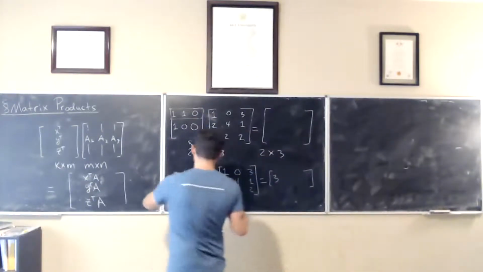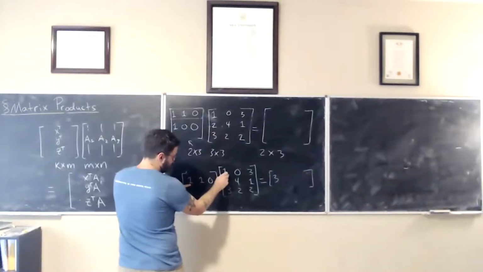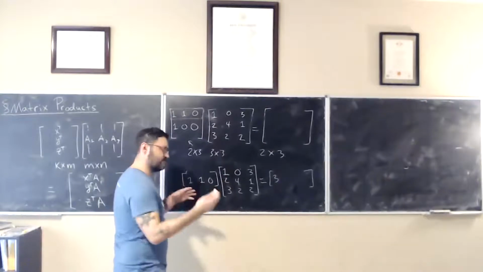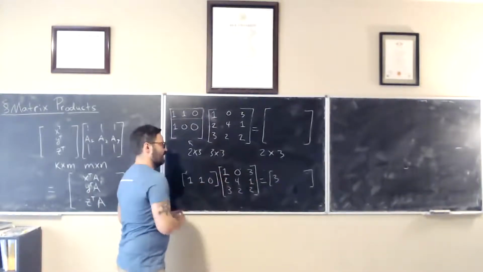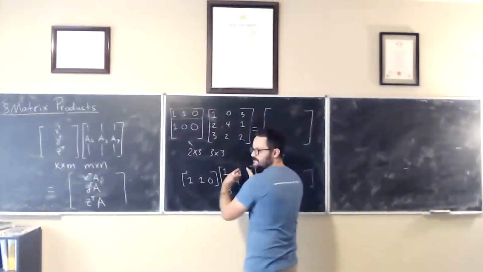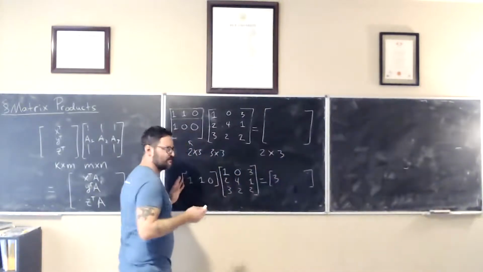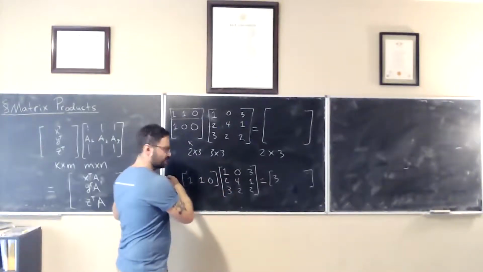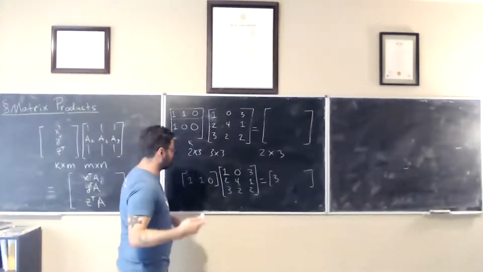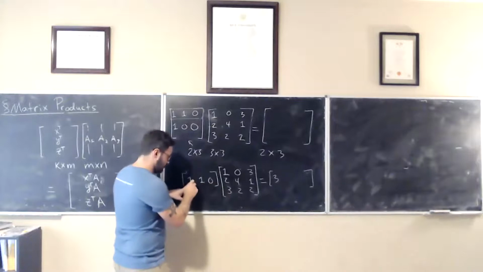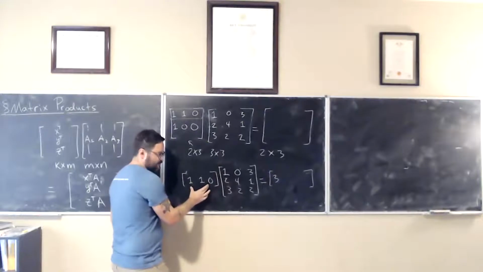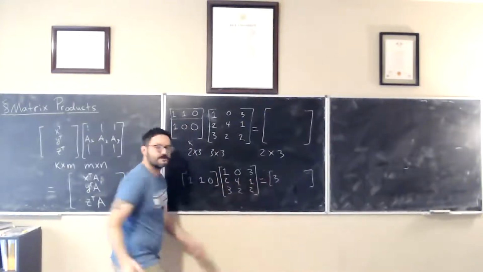We're taking 1 of that entry, adding it with 1 of that entry, and 0 of that entry. Is that clear now? When I think column multiplication, I'm always on the left. When I think row, I move myself to the right. I don't know if it's reflected on screen, but I hope you get what I'm saying. Think about it: 1 times that plus 1 times that plus 0 times that. I'm really just saying with this vector, I want to add those numbers and put the result right there.